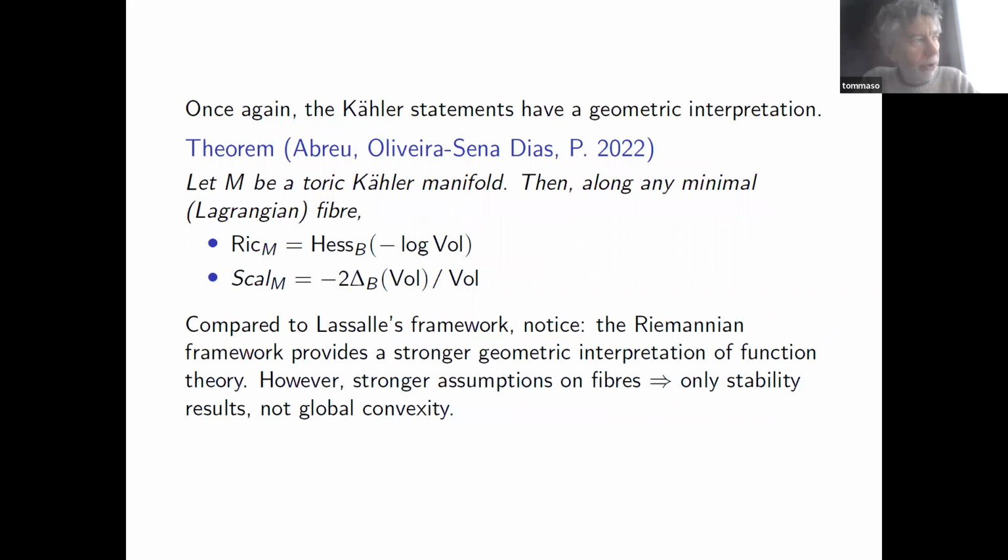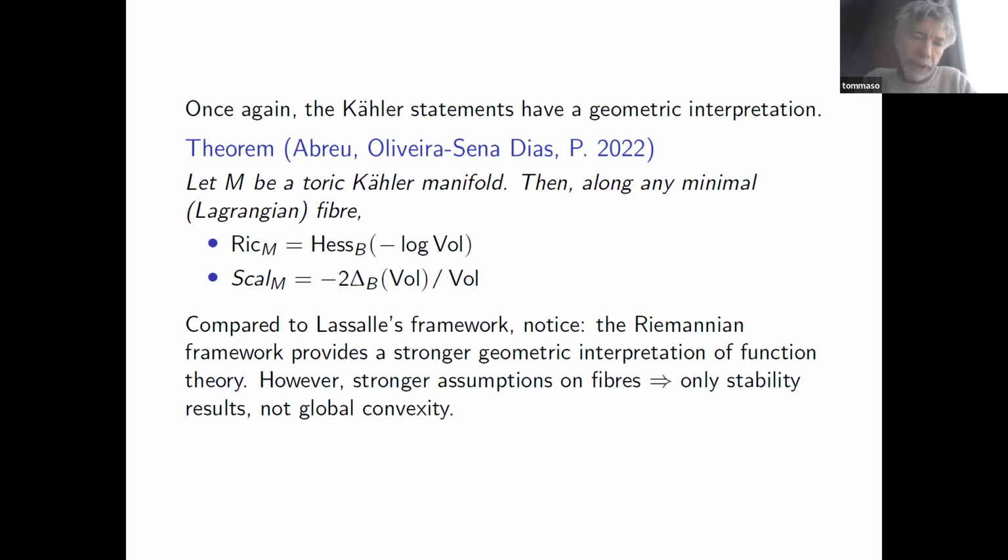Now, if we use these statements and go again back to the Kähler situation, we will again find a nice geometric interpretation of the function theory. And what we find is a very strong relationship between the function theory below on the parameter space, for example, the Hessian, and the geometry above, for example, the Ricci curvature.